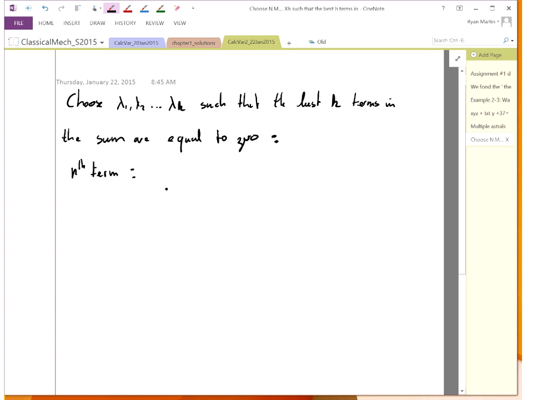So the nth term in the sum is ∂F/∂qn plus lambda 1 ∂f1/∂qn plus lambda 2 ∂f2/∂qn plus etc. lambda k ∂fk/∂qn equals 0. That's the nth term.